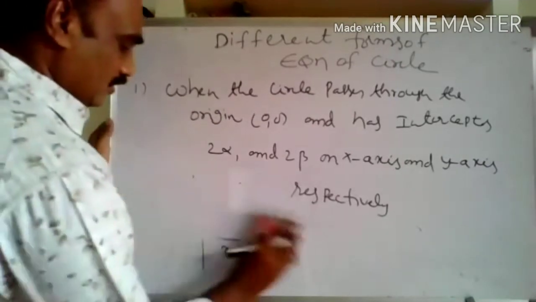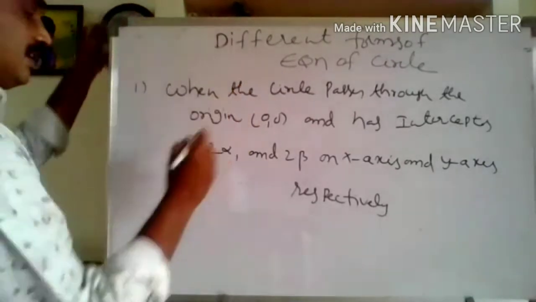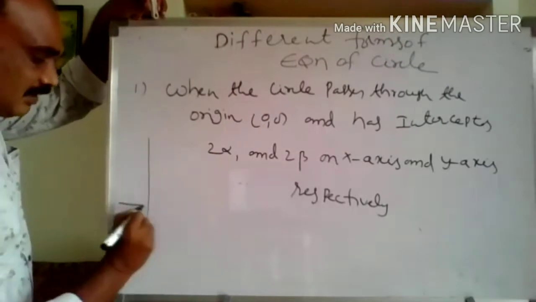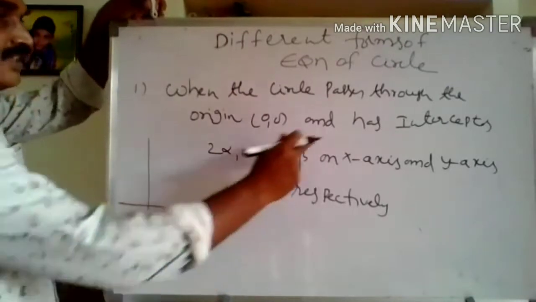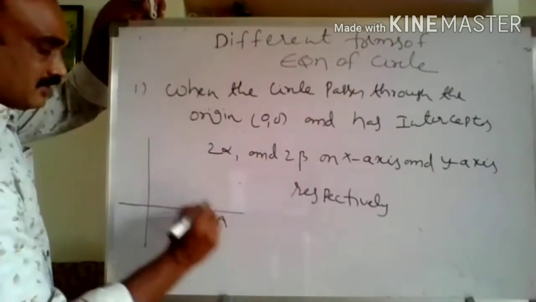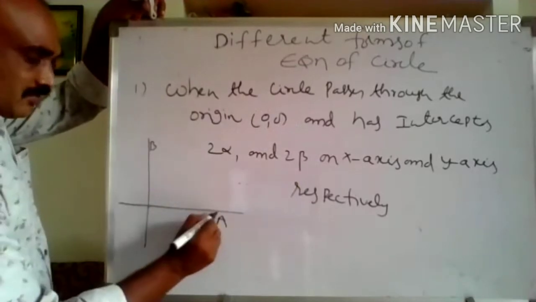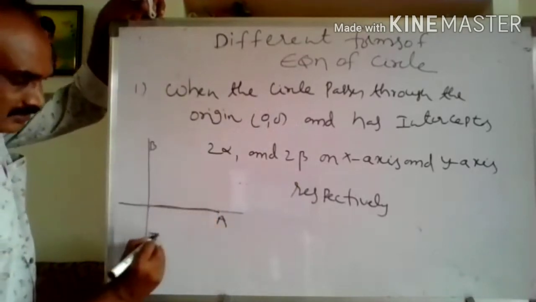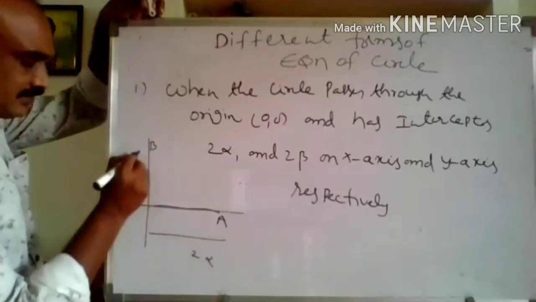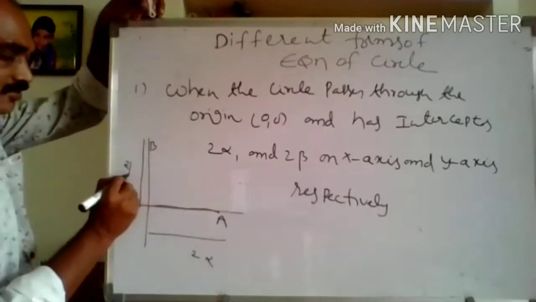Here, when the circle passes through the origin and has intercepts, OA is equal to alpha, the total distance is equal to alpha, and the other distance is equal to beta.